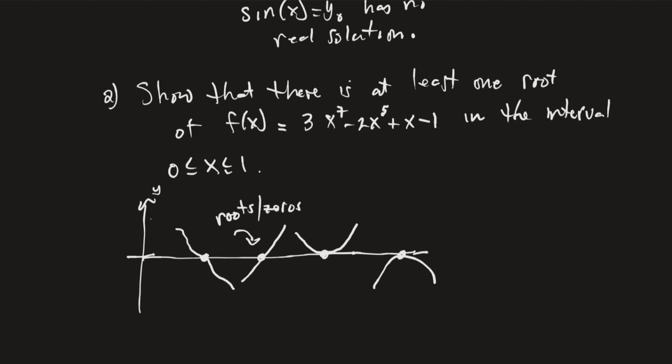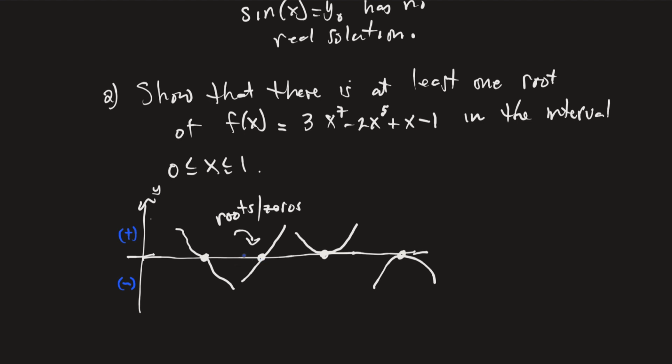So all the y values here are positive y values. And then as soon as it hits the 0 and goes down, that's a negative y value. And similarly here, as you go from left to right, the graph of the function changes from negative to positive, and then it hits it.